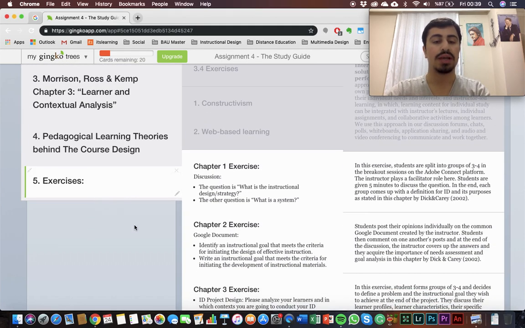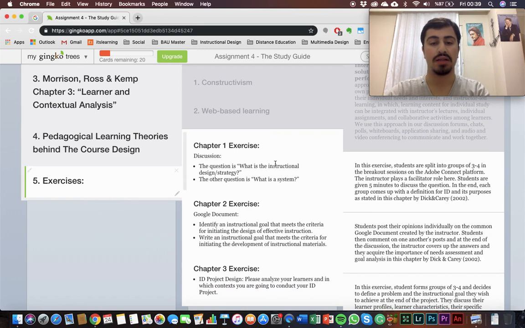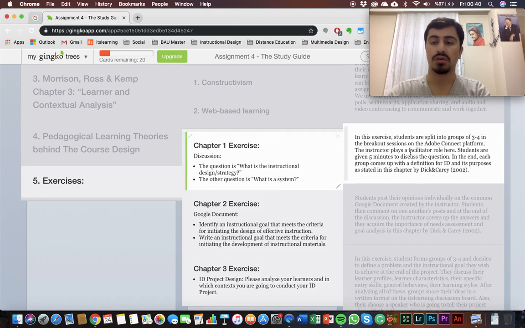When we come to the exercises in chapter 1, I triggered the discussion questions: what's instructional design or strategy, and the other question is what's a system. So, in this exercise, students are split into groups of 3 or 4 in the breakout sessions on the Connect platform, and in the end, each group comes up with a definition for ID and its purpose as stated in this chapter by Dick and Carey.